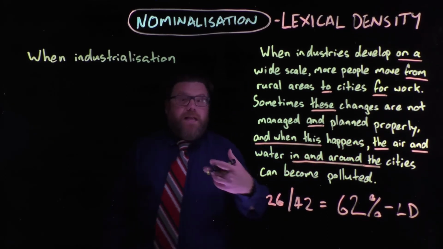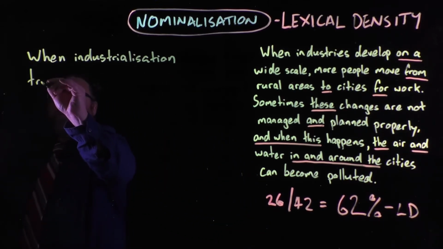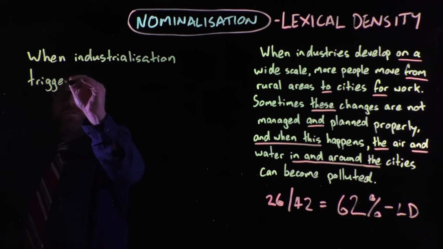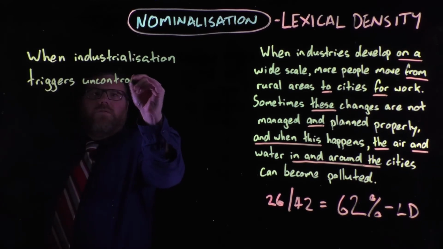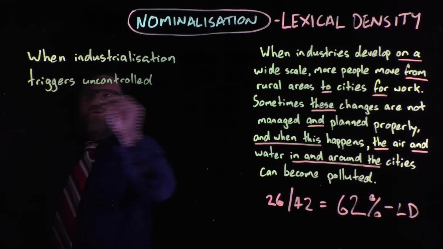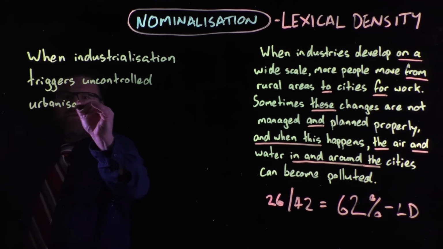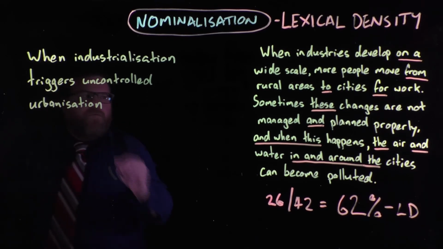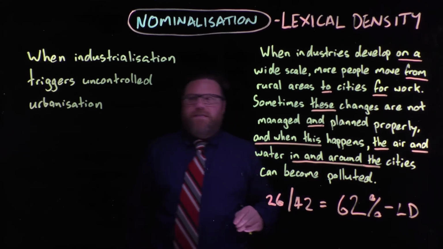So let's use an adjective for our noun. So let's say when industrialisation triggers not just urbanisation but uncontrolled urbanisation, which is our nominalisation of this process of more people moving from rural areas to cities.